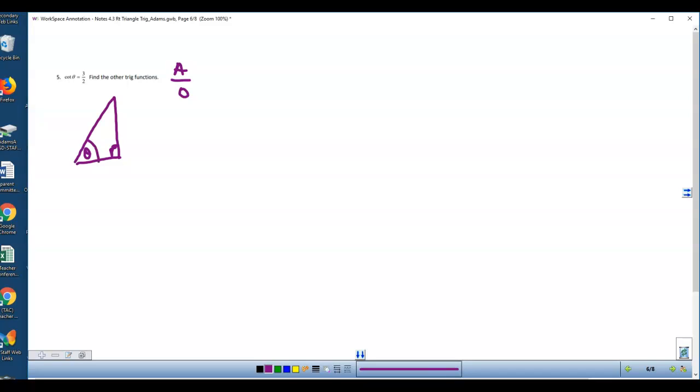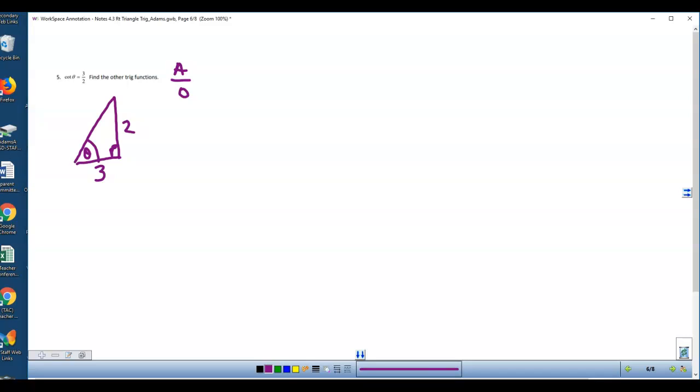Then I can lay in what I know, because the cotan is adjacent over opposite, so adjacent is 3, that's going to put my 3 right down here. And then the opposite is 2, so that's going to put the 2 over here. So what I'm missing is the hypotenuse.